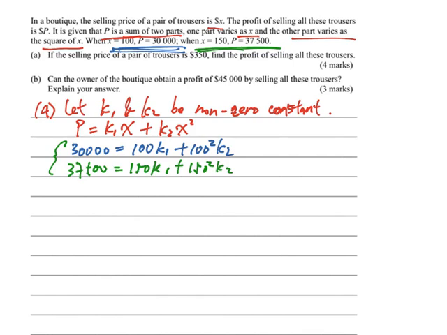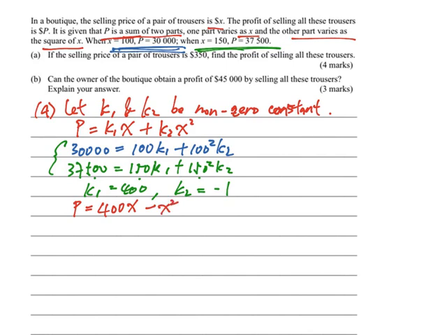You input 100 squared, 30,000, 150 squared, 37,500. Then you can find K1 is 400, and K2 is -1. Remember, you need to substitute back into the original equation. So P is equal to 400x minus x squared.